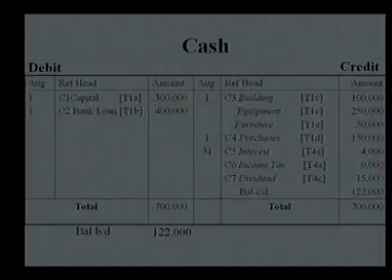If you ignore that, you will get a value of 578,000. That means they are not balanced. That will make an accountant an unhappy person. So, what they do? They simply write a line balance carried down and equate it to 122,000.